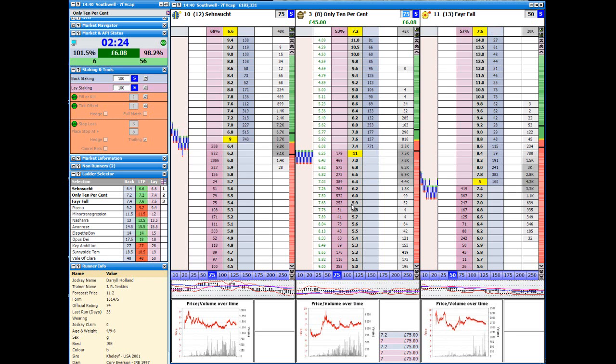Now, that information doesn't come from me. I don't bother with that. I just look at the numbers. I don't bother with form or the names of the horse or the trainer. That doesn't interest me really.